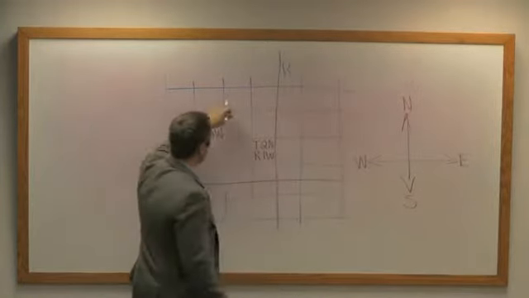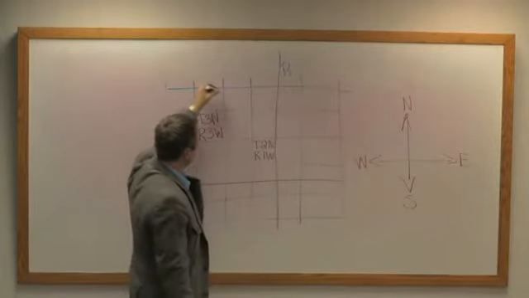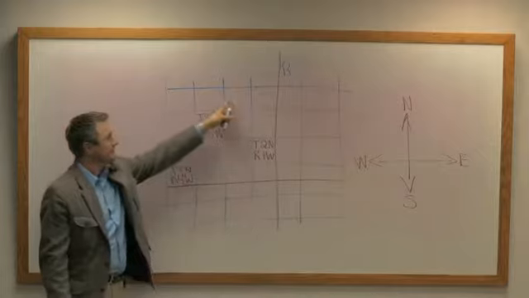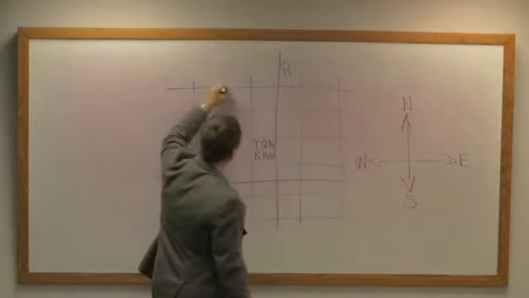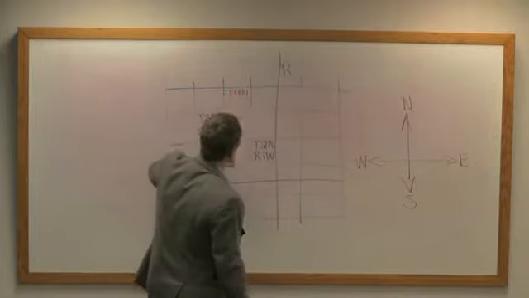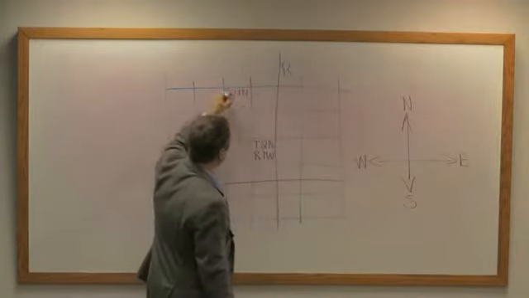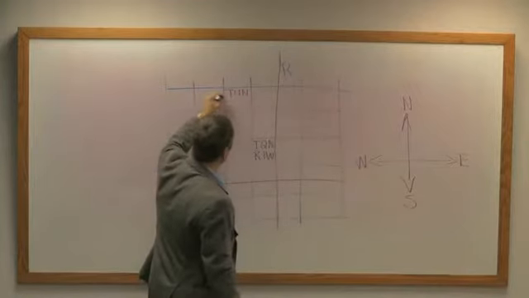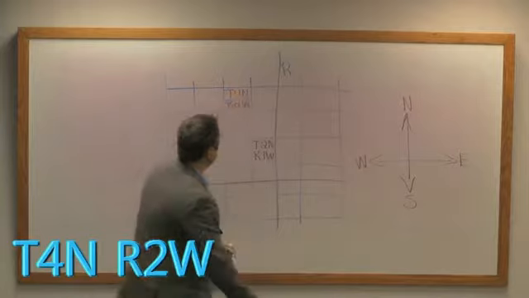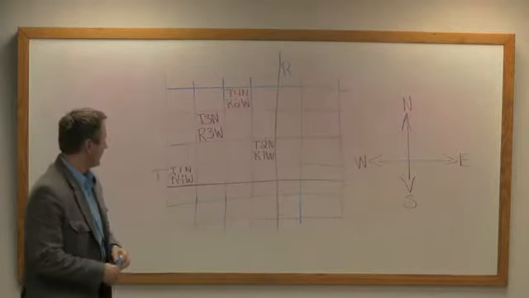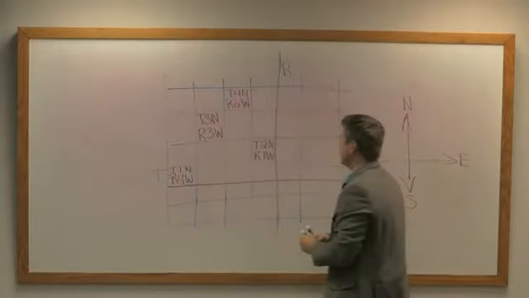Okay, how about this one, right up here? So we're 1, 2, 3, 4 north, or 1, 2 west. Yep, you're right. What if I'm over here?